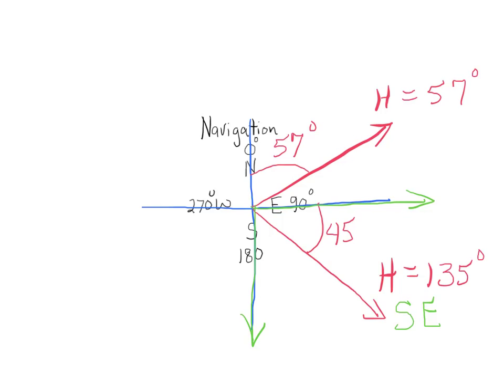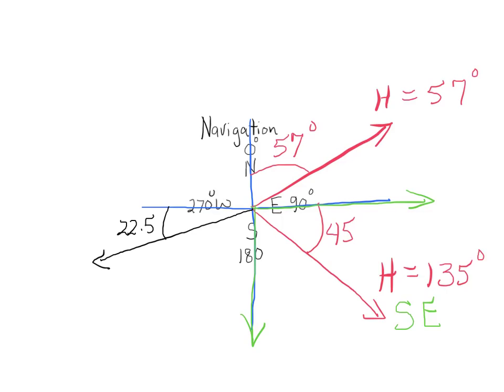And to make sure that we are thoroughly confused, let me change color again. Let's come in here, and we're going to go this way, and we're going to say this is 22.5, which would be half of 45. So we're halfway again between going west and south.